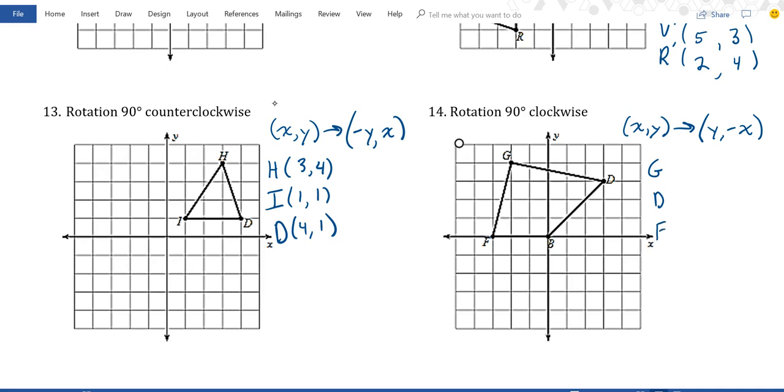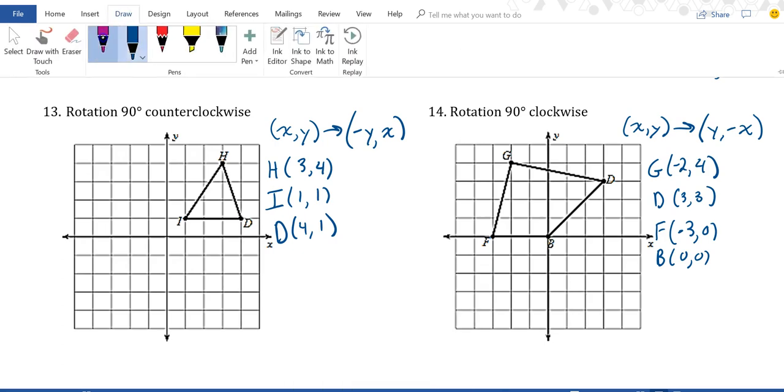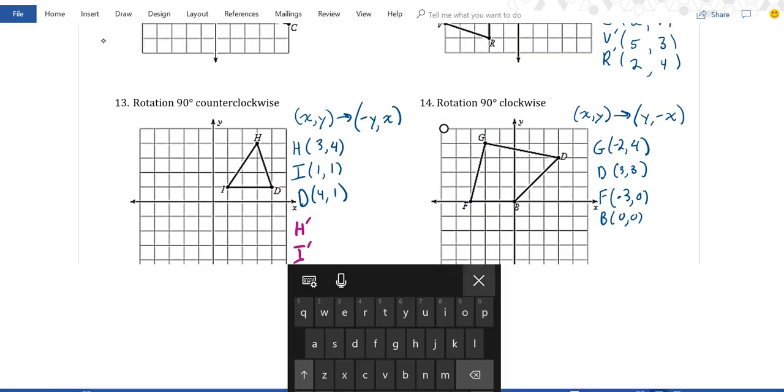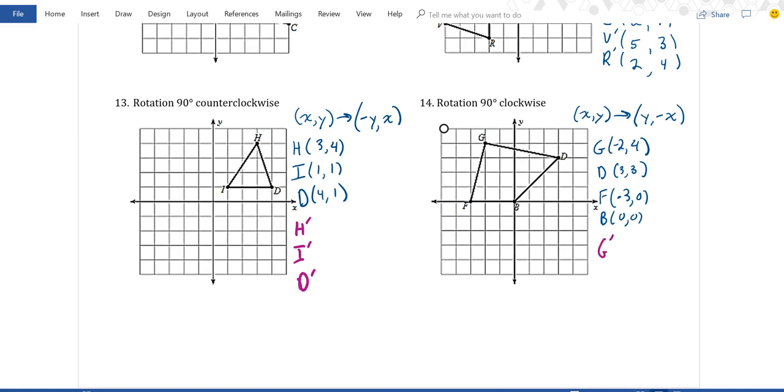So G, D, F, B. So if you need to take a moment and pause the video, that's totally fine. I'm just going to go ahead and again skeleton out my work a bit here.